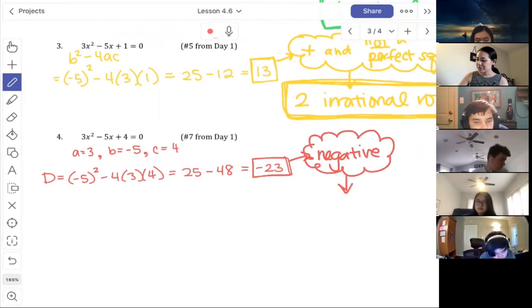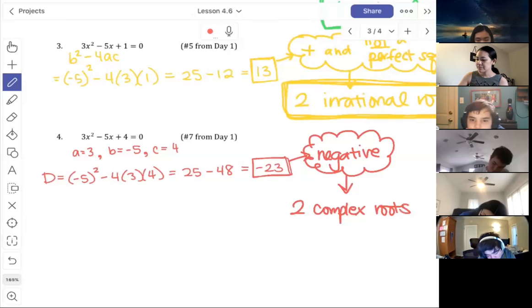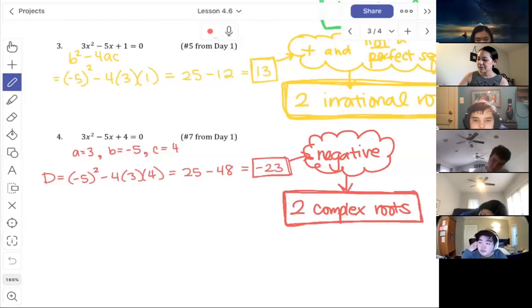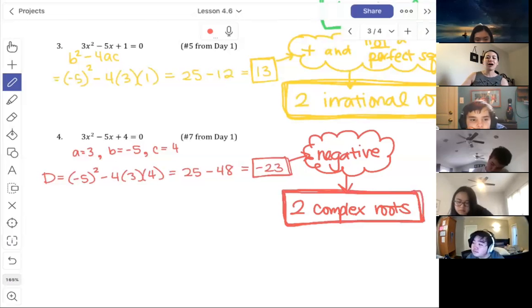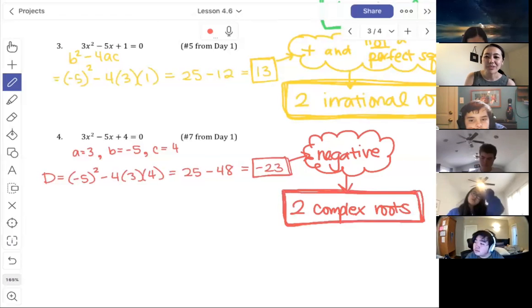And if it's negative, you get 2 complex roots, meaning there's going to be an imaginary part. If you look back at number 7 from the previous notes, we had that rad -23, which when we simplify, pull out the i, and we end up with 2 complex roots. All right, good job, guys.